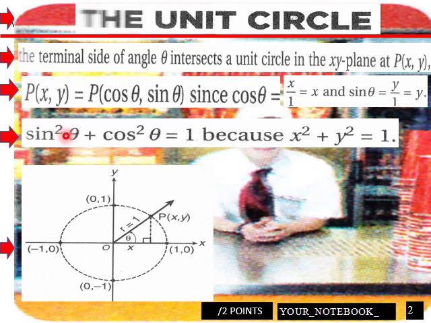Sine squared theta plus cosine squared theta equals 1, because x squared plus y squared equals 1.